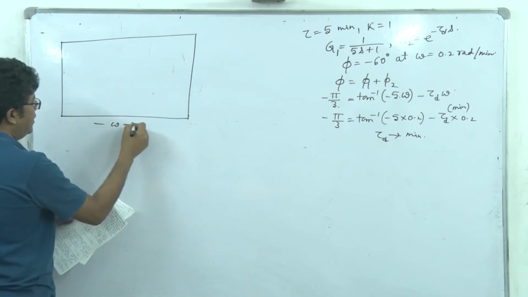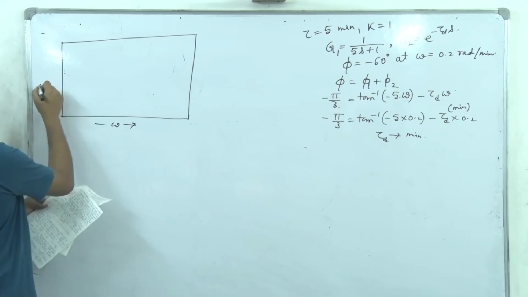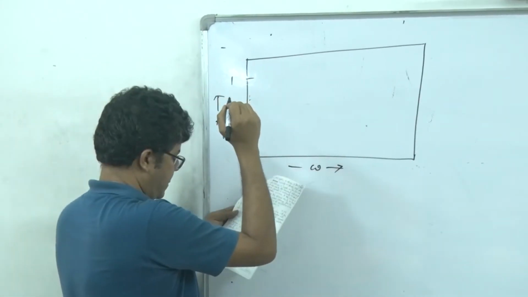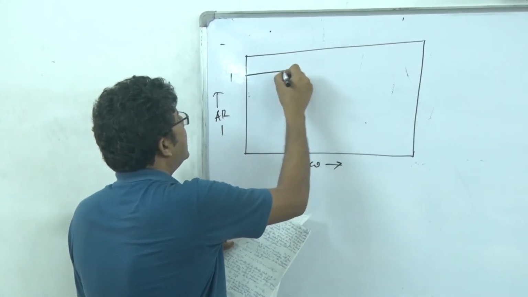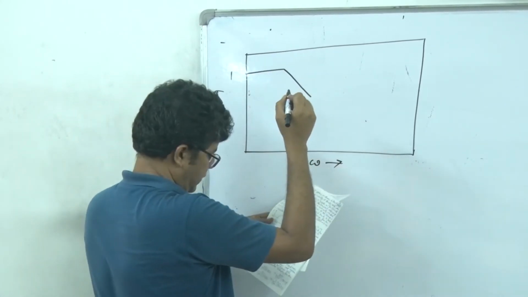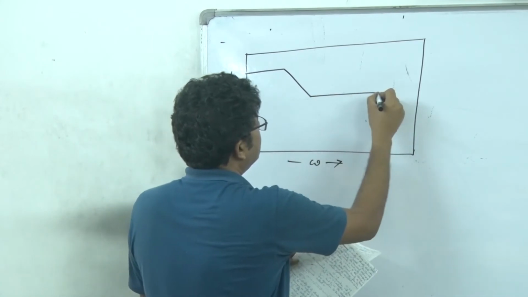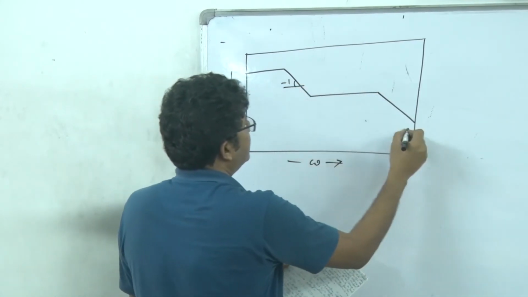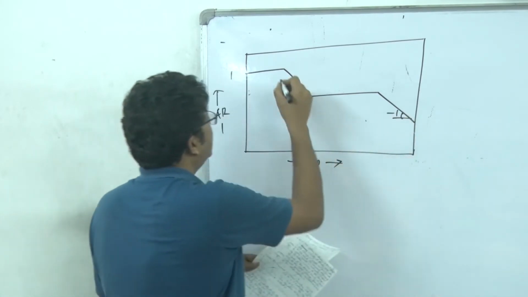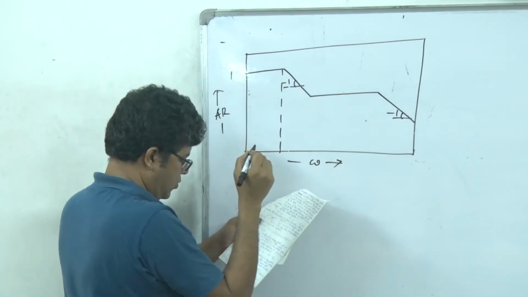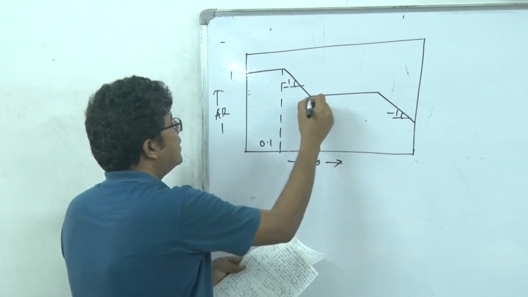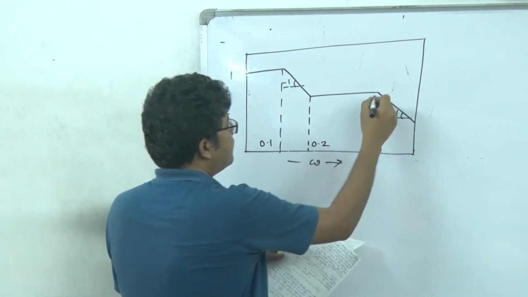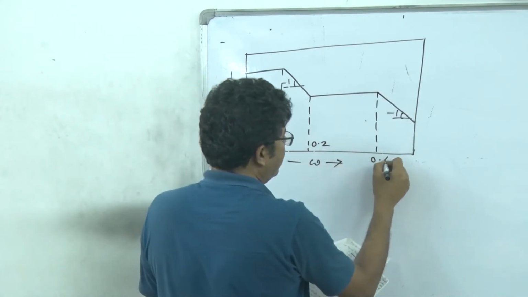This is omega and amplitude ratio. This is 1. So it is going by this, then this, this, and then this. Here the slope is -1, here also -1.